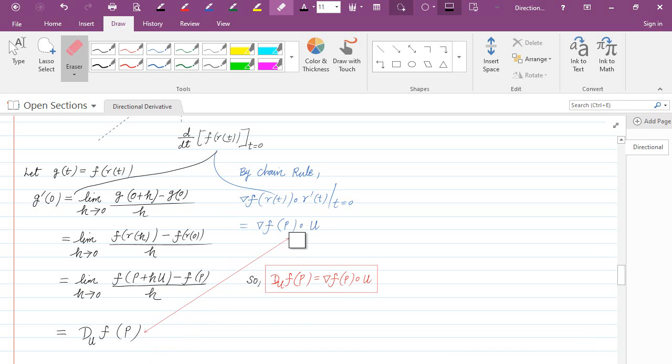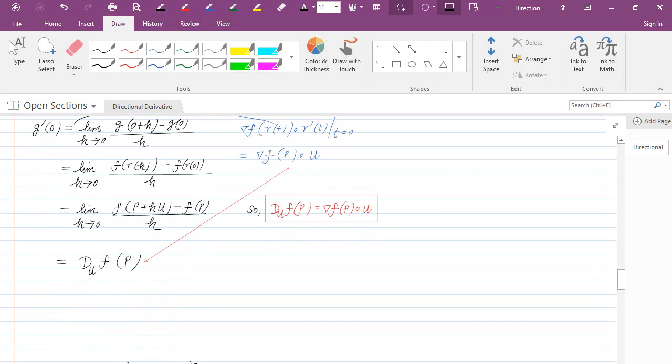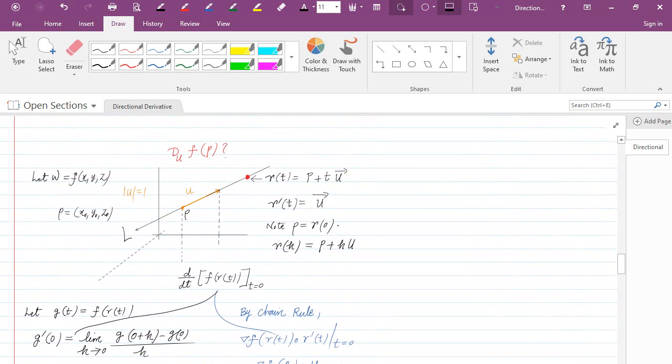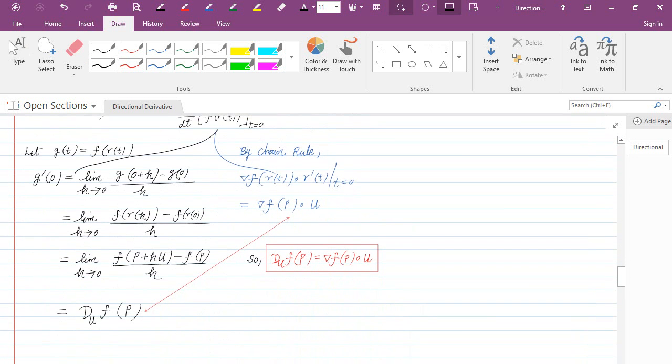Hence, these two quantities are equal, so what we have found is that the directional derivative of f in the direction of u at the point P is equal to the gradient of f dot product with u. Okay, so we have found this nice formula for the directional derivative.